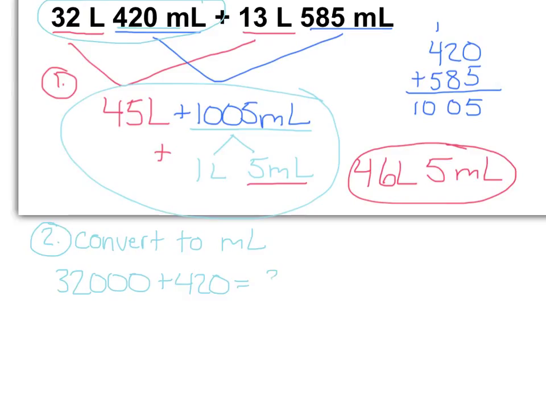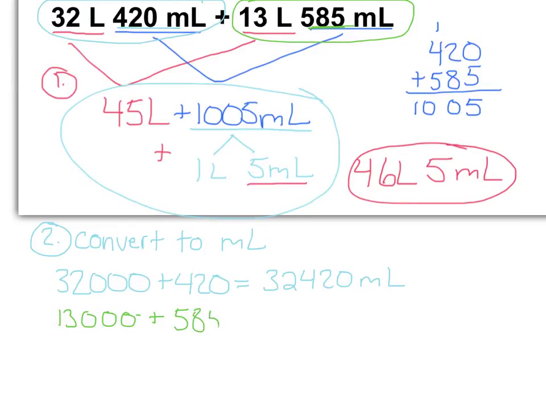So I know that I have 32,420 milliliters in the first number of my problem. The second number of my problem, 13 liters, I know I can write as 13,000 milliliters because every liter has 1,000 milliliters. And then I also have 585 milliliters. So I get 13,585 milliliters. I'll add these 2 together.